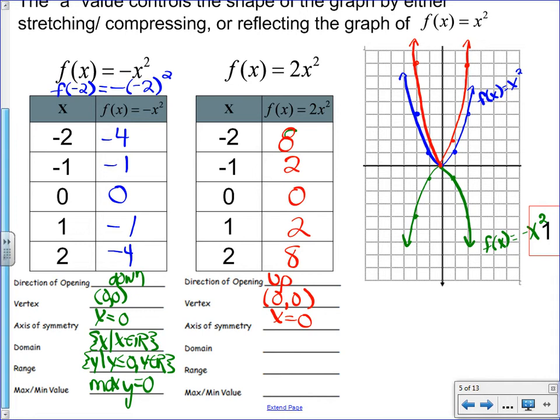Same as the other ones. Yeah. The minimum is 0, so always 0. Jericho, what is the range here?